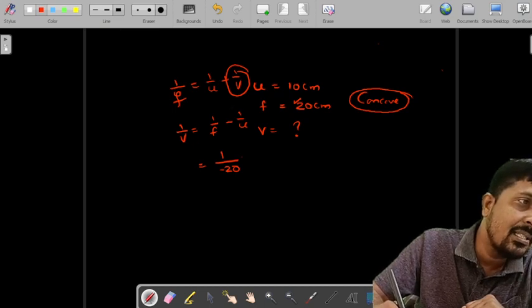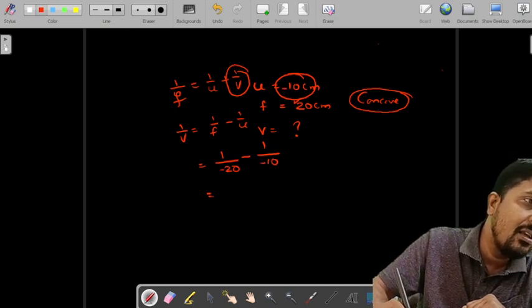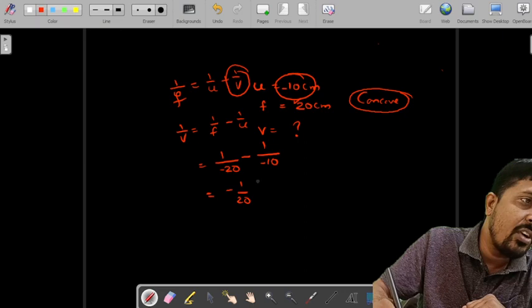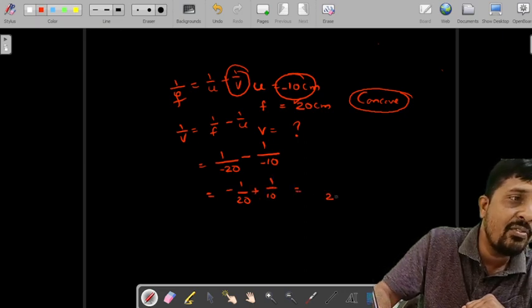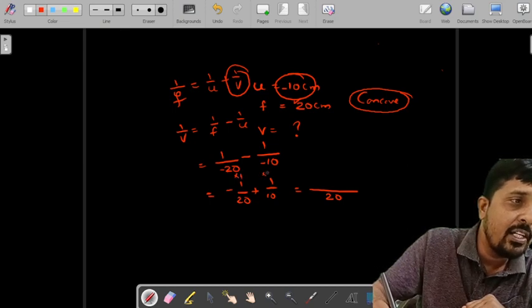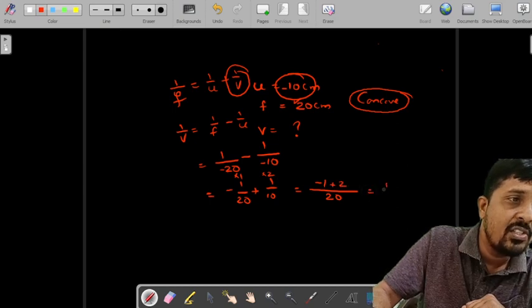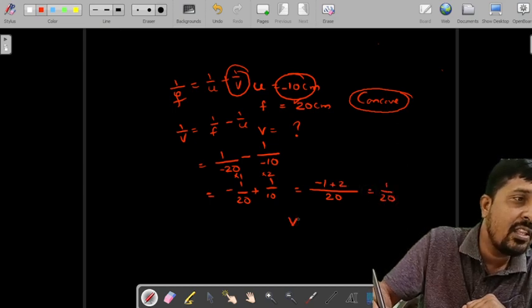This is minus 1 by u, and u is going to become minus 10. So minus 1 by 20, minus of minus is going to become plus, this is 1 by 10. LCM of 10 and 20 is 20. 20 in 20 one time, 10 in 20 two times. So it is going to become minus 1 plus 2, which is equal to 1 by 20. Then v is equal to 20 centimeters.